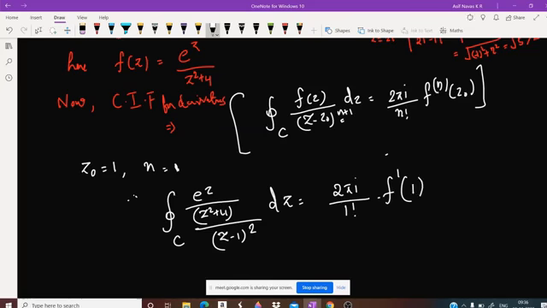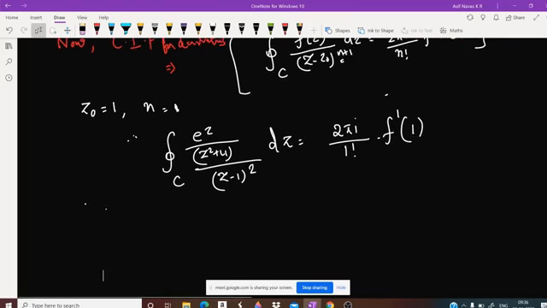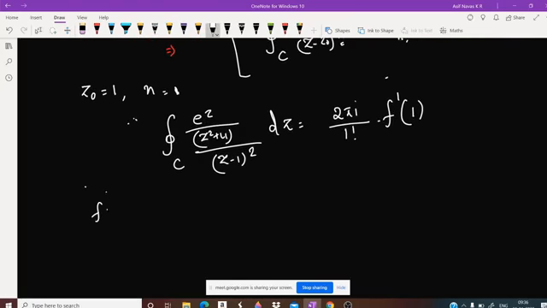Okay, so this is the answer. Now I have to find out what is f dash of z. So f of z is equal to e raised to z divided by z square plus 4. Now, what is f dash of z? F dash of z is the derivative of this.